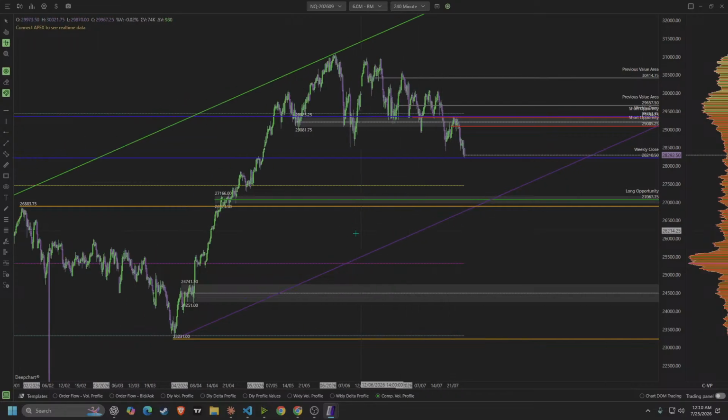But this move up, man, this was a crazy move up. So I think we could at least expect another 4% before we maybe come up and make another all-time high and test the top of this long channel. Right?